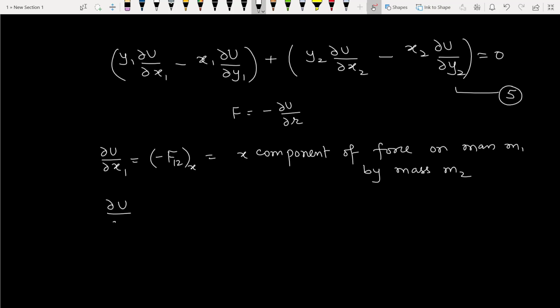Curly U upon curly x2 is minus F21 x component, the x component of force on mass m2 by mass m1.